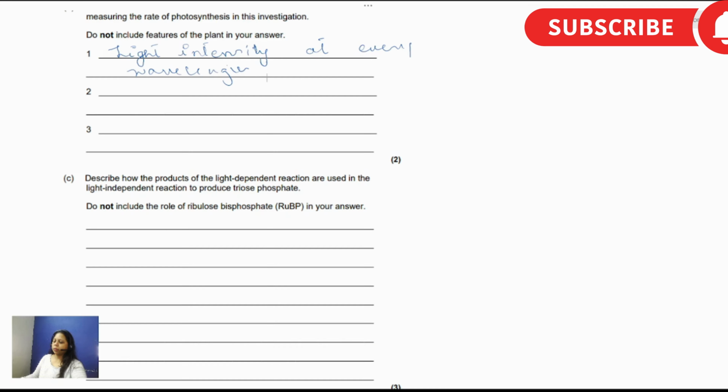ATP. Okay, how are they used in light independent reactions now?